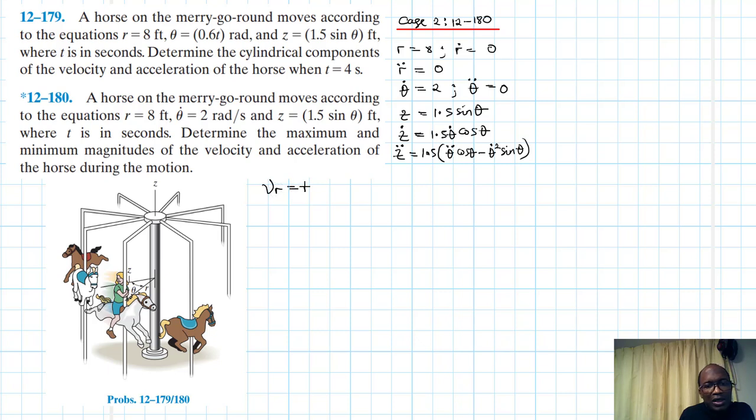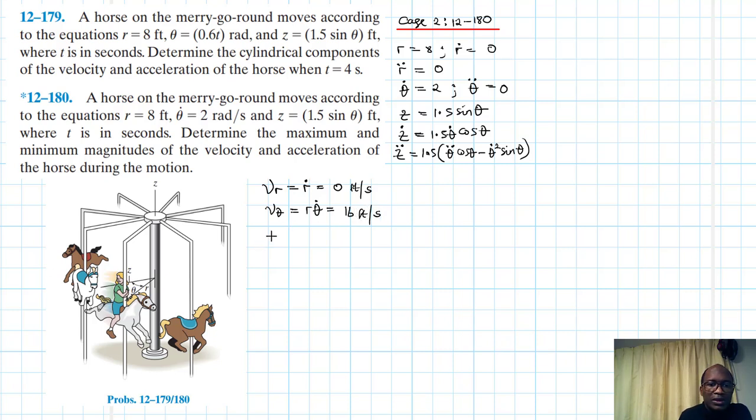We know that v_r is just equal to r dot, and this is just equal to 0 feet per second, right? And then we have v theta. v theta is equal to r theta dot, and these are all constants, that's 8 times 2, and this is just equal to 16 feet per second.